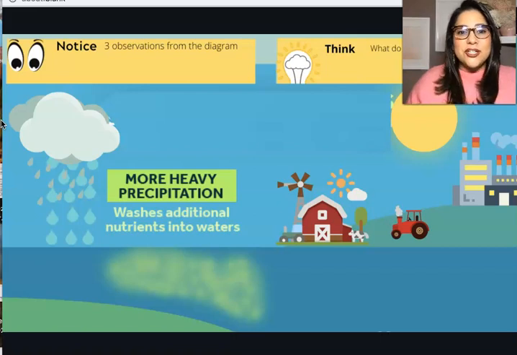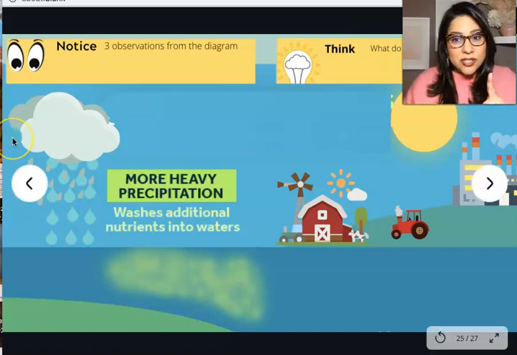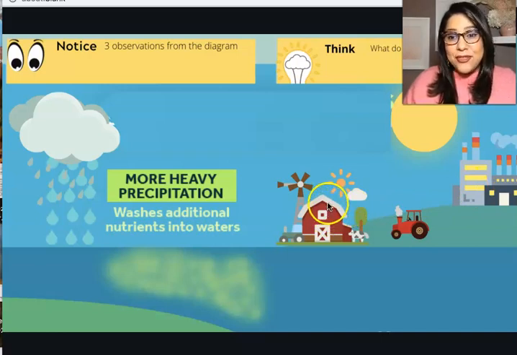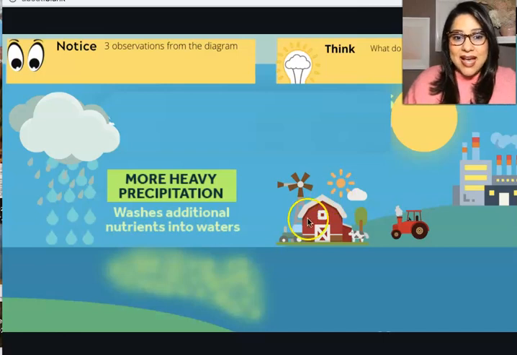I'm going to go ahead and share some of my observations, and that way we can help each other out. My first observation is that there is precipitation. My second observation is that there are factories and farms nearby. And my third observation is that the nutrients from the land are washing into the water. So what do I think is going on here?